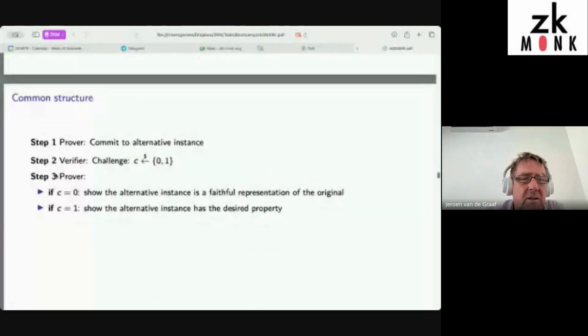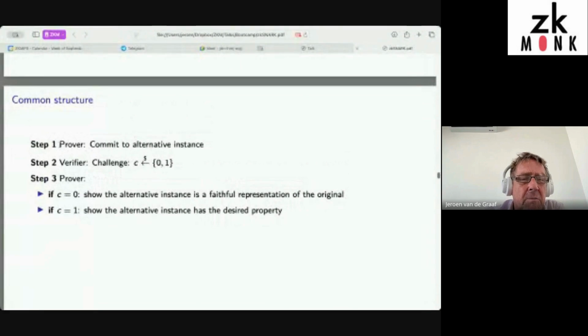I hope you recognize the sort of common structure. Your prover produces some alternative instance, like using a permutation, using maybe some encryption. The verifier flips a coin, 0 or 1. If the challenge is 0, then the prover must show that the alternative instance is a faithful representation of the original instance.